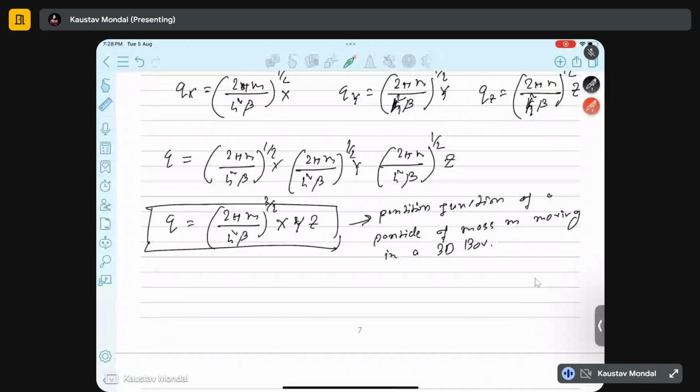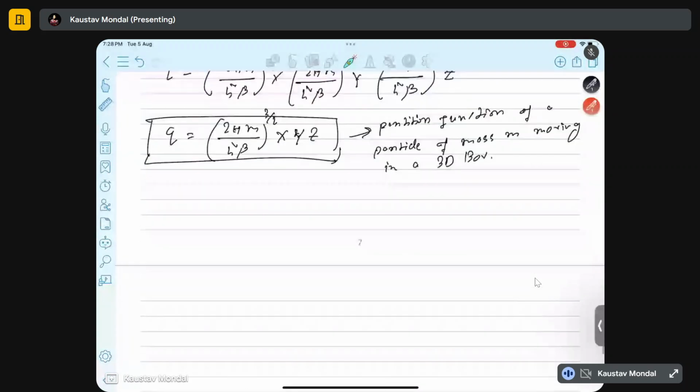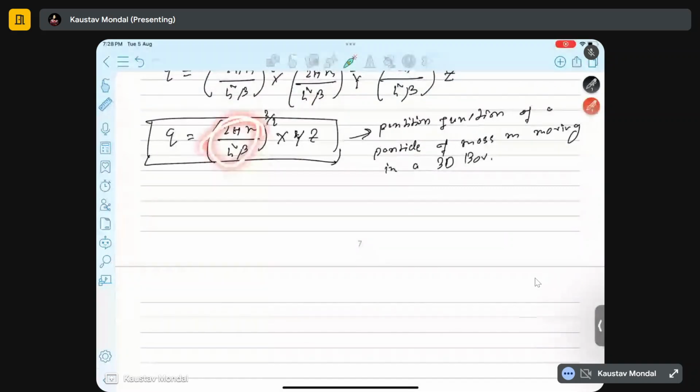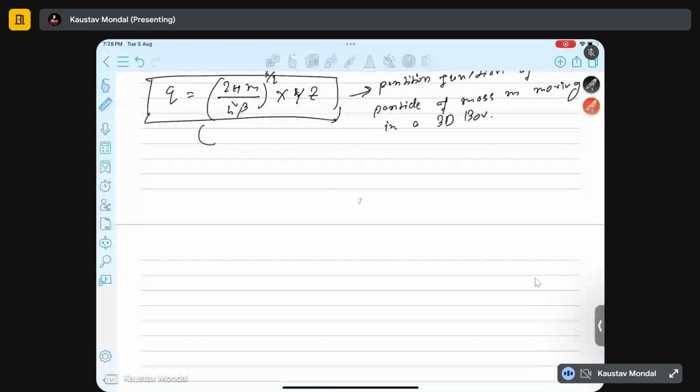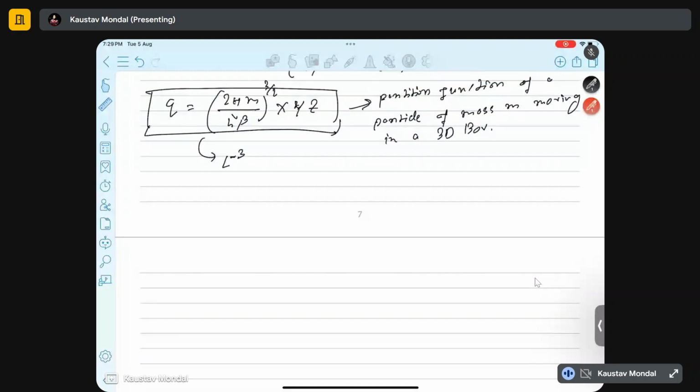Now this quantity, we will give it a name. If you carefully calculate the dimension of this quantity, it will be nothing but length. So we are calling this thing the thermal wavelength, lambda.